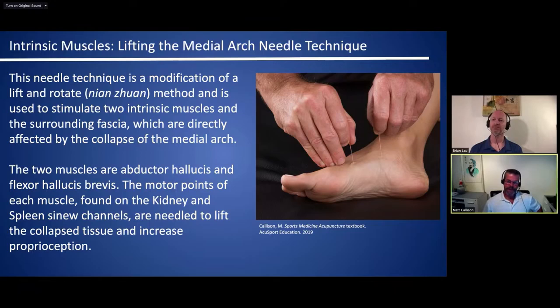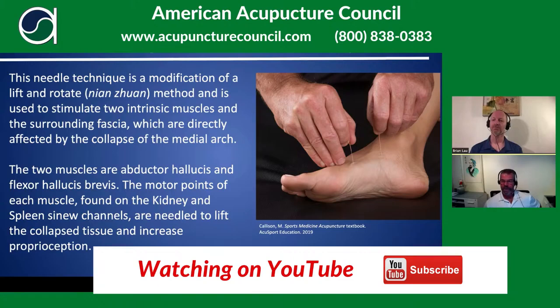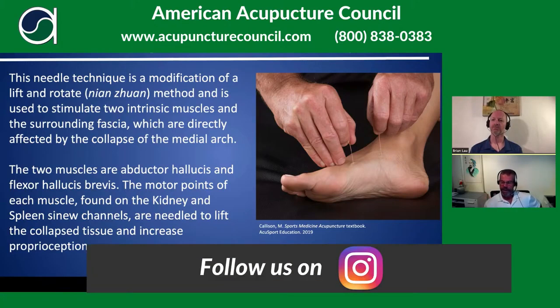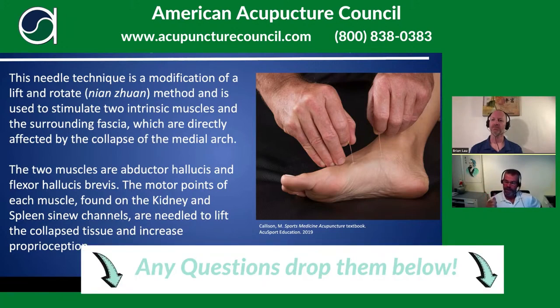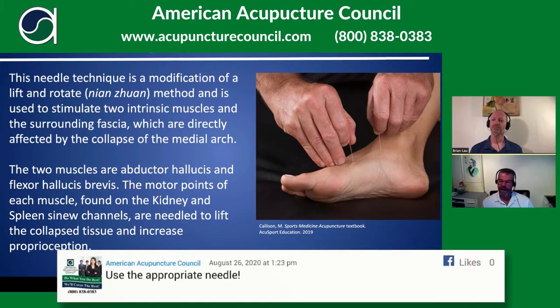So the two muscles we're needling here are the abductor hallucis and the flexor hallucis brevis. The motor points of each muscle, found on the kidney and the spleen sinew channels, are needled to lift the collapsed tissue and increase proprioception. So you're needling underneath kidney 2, and then also halfway between spleen 3 and spleen 4, going into the muscles themselves, twisting the needle to patient tolerance, and then gently lifting that arch up, so that you are starting to change the proprioception.